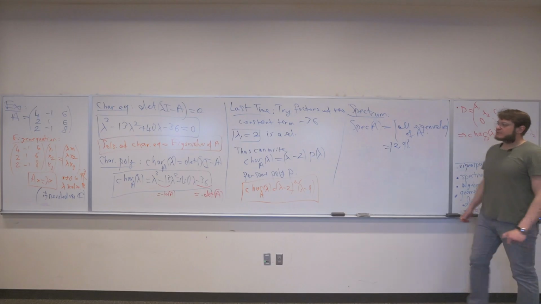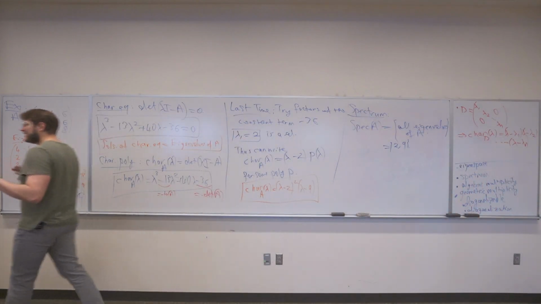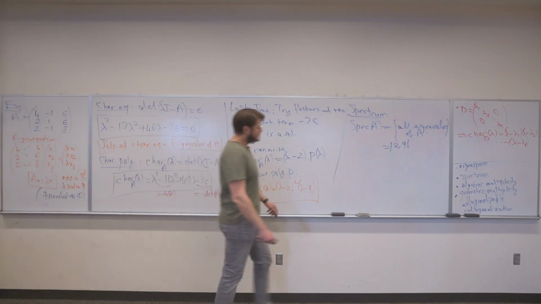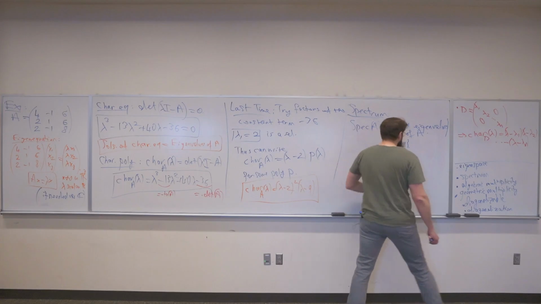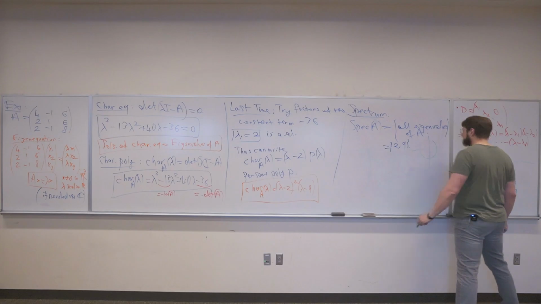Typically, you would want to draw the spectrum as a subset of the complex plane, because in principle, eigenvalues could be complex. I would suggest drawing it like this. First draw a circle, and then something like this.